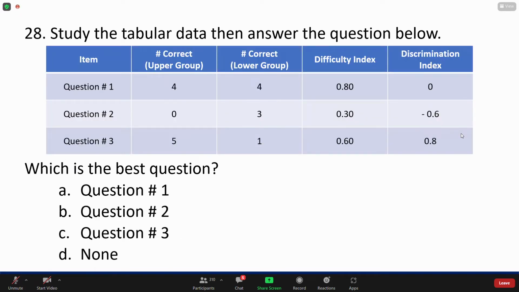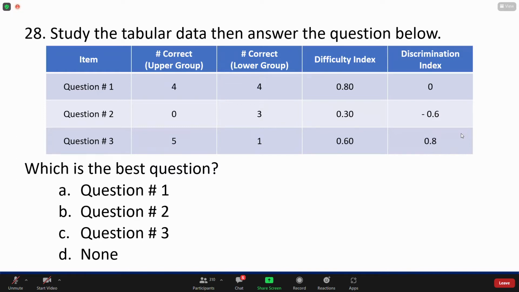Number 28. Study the tabular data, then answer the question below. Which is the best question? Letter A, question number 1. Letter B, question number 2.